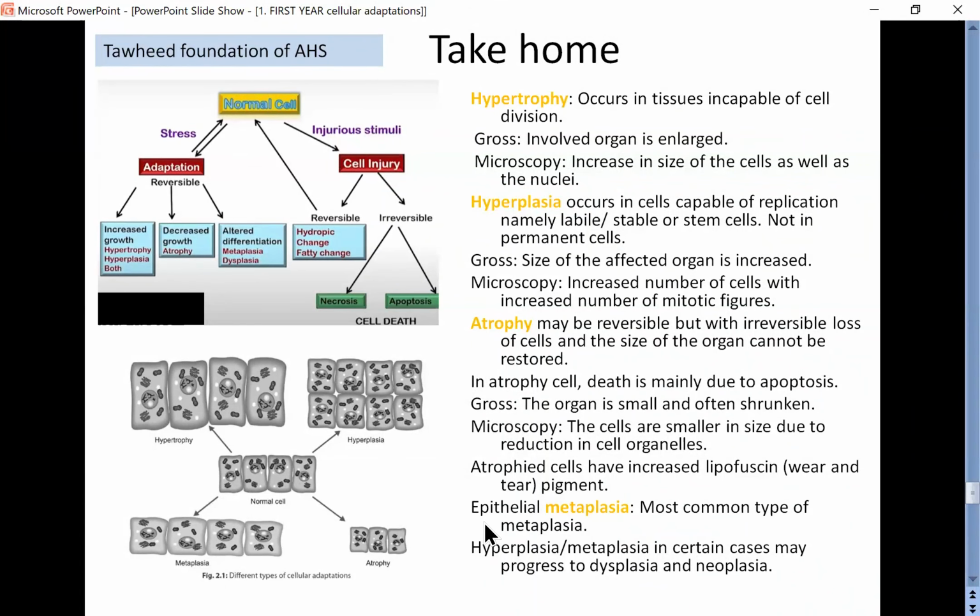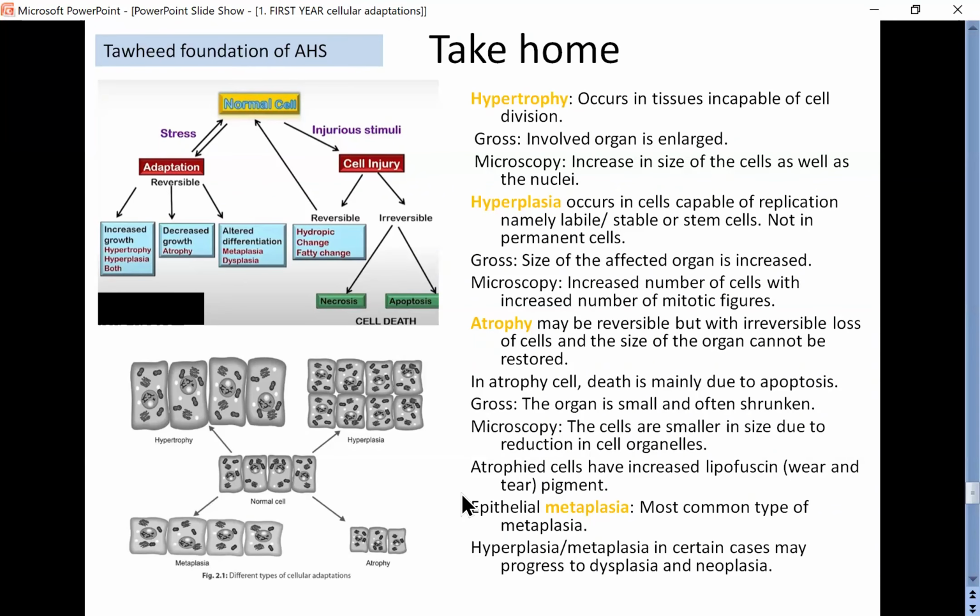Then metaplasia. Metaplasia means replacement of one type of normal cell with another type of normal cell. We have two types of metaplasia: epithelial metaplasia as well as connective tissue metaplasia. Epithelial metaplasia again has two types, columnar metaplasia as well as squamous metaplasia.